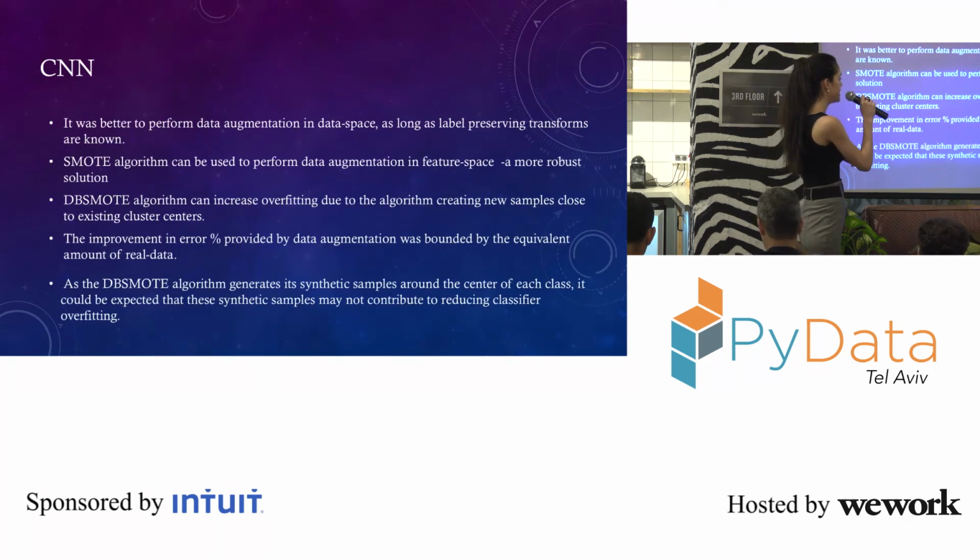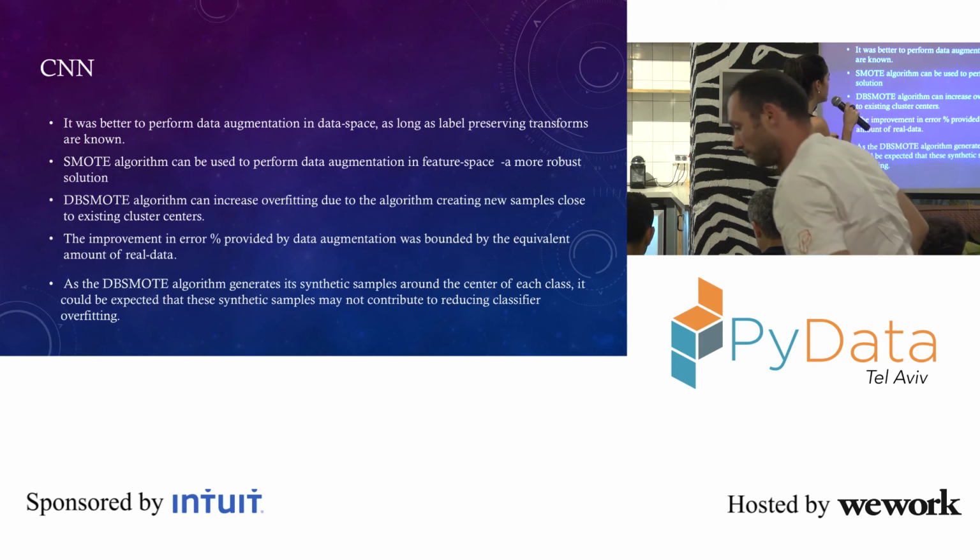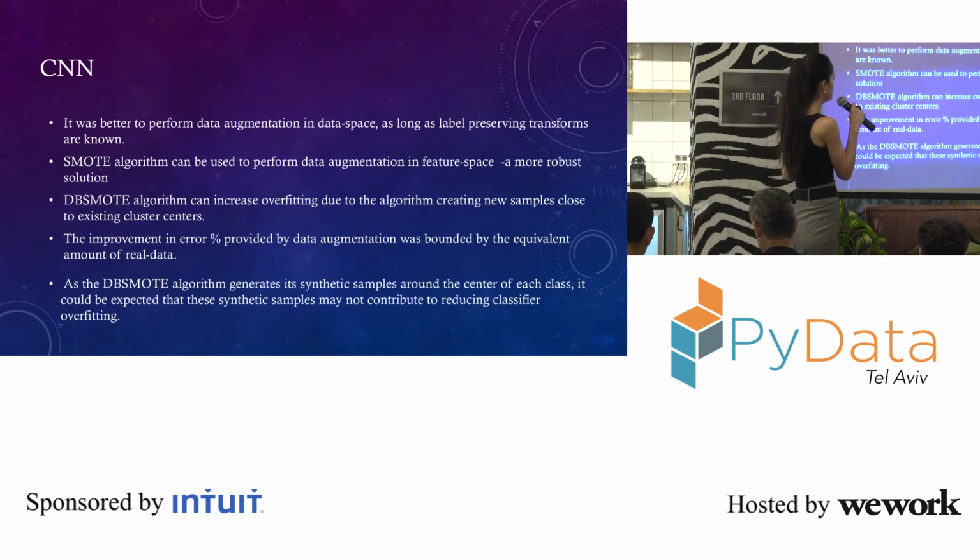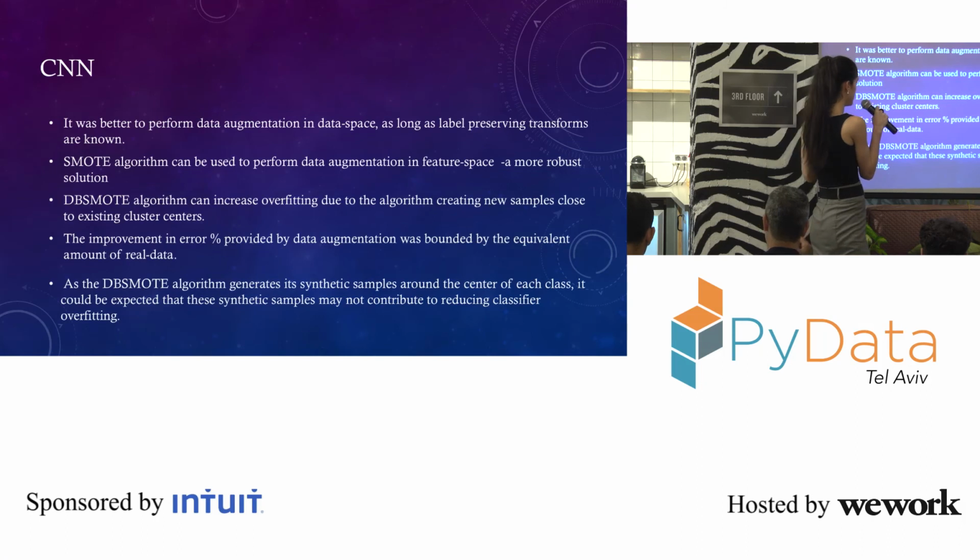I used a CNN, and I worked with MNIST, and I discovered the following. It was better to perform data augmentation in the data space. I thought actually it would be better to do it in the feature space, but it's better to do it in the data space as long as the label-preserving transformations are known.